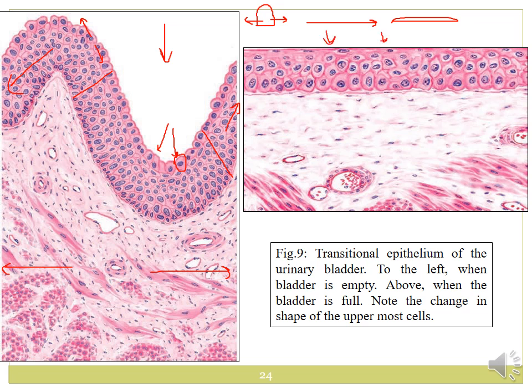So this image represents the wall of the bladder when it is full. So this is the epithelium. Notice the topmost layer is formed of flattened cells. This is why it is called transitional, because the shape of the cells of the topmost layer changes according to the state of the organ.